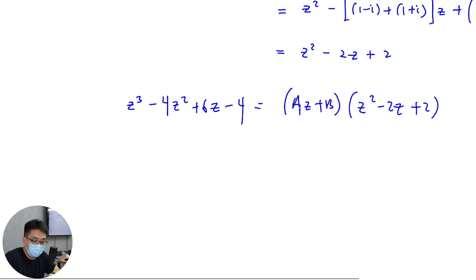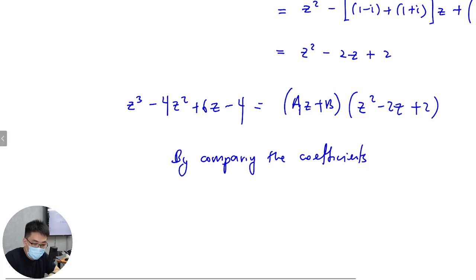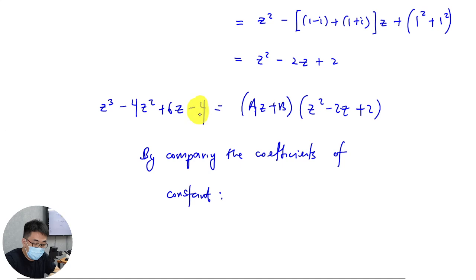So by comparing the constant, the constant is easier. The constant would be -4 here. Then in this case, b times 2. This is the constant, right? So on the left, you have -4 as a constant. On the right, you have 2b. So b will be -2.